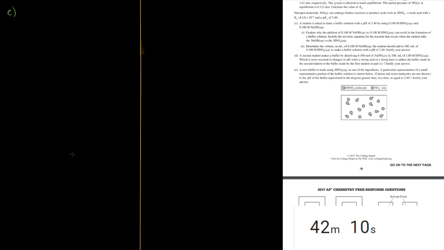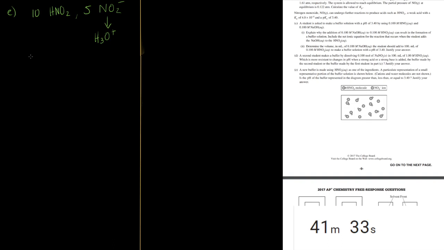So what we need to do is count up. Say we have 1, 2, 3, 4, 5, 6, 7, 8, 9, 10 of these HNO2 molecules. How many NO2 minus? We have 1, 2, 3, 4, 5. For each NO2 minus, that's basically saying that we dropped the hydrogen, so it's a 1-to-1 molar ratio with hydronium.